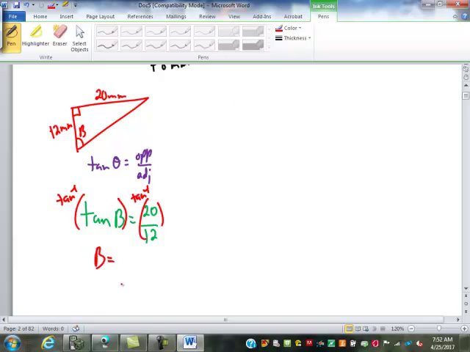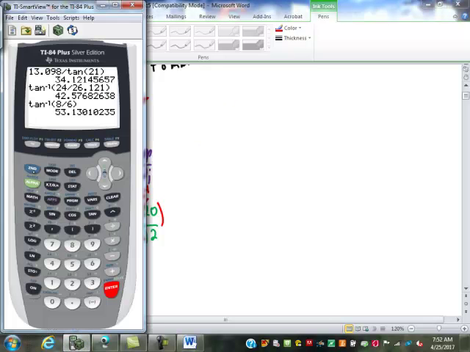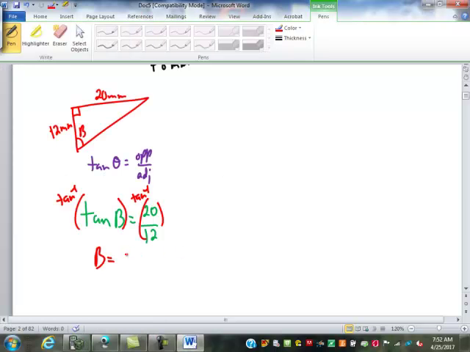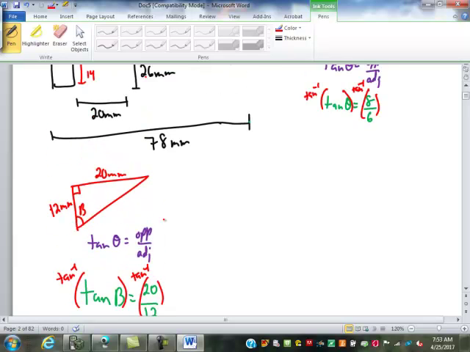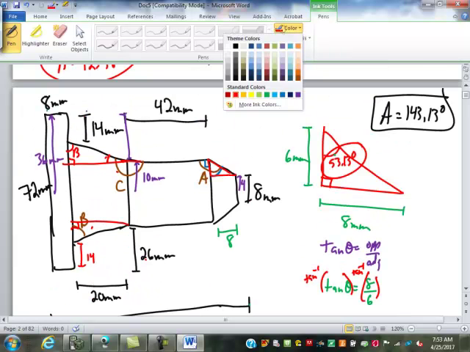So B is equal to the inverse tangent of 20 over 12, 59.04 degrees. So angle B is 59.04.